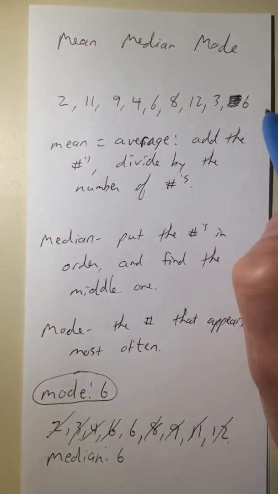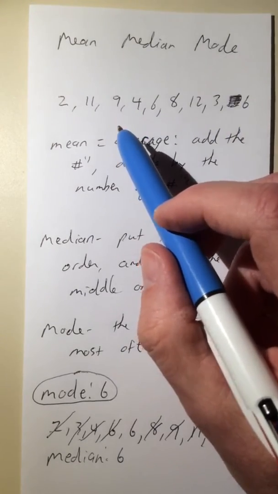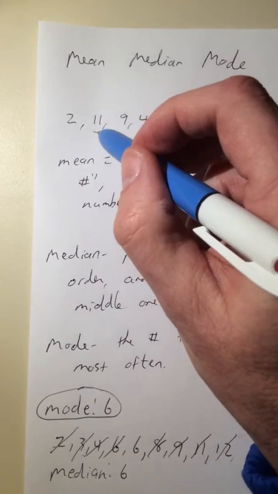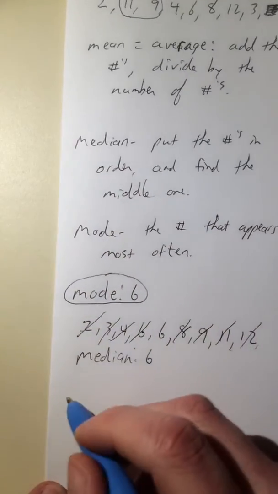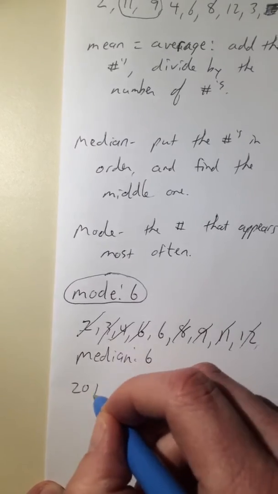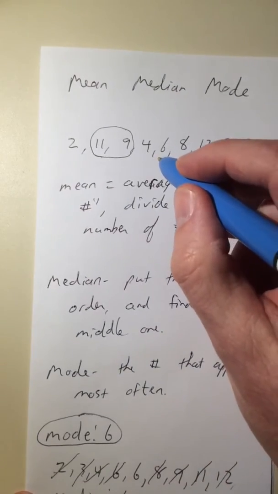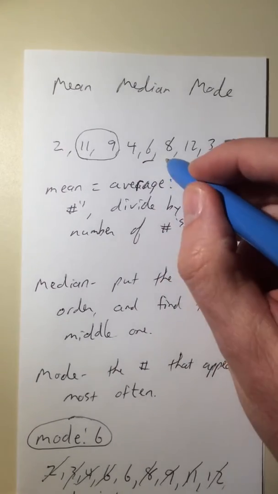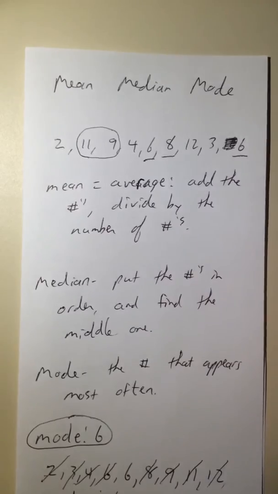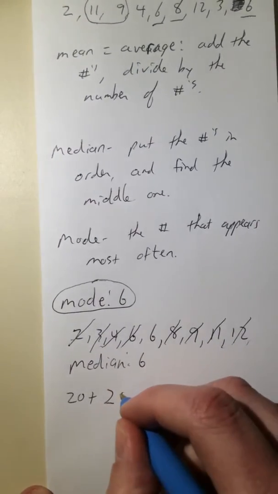So I'm going to do a little quick grouping here just to make our lives a little easier. So 11 plus 9, I know that's 20. And I know that 6 and 6 is 12, and 8, that's another 20. This is just trickery. I mean, you can obviously do this on your calculator.